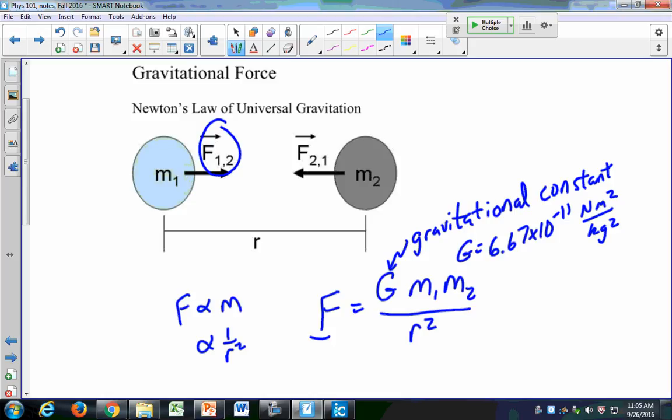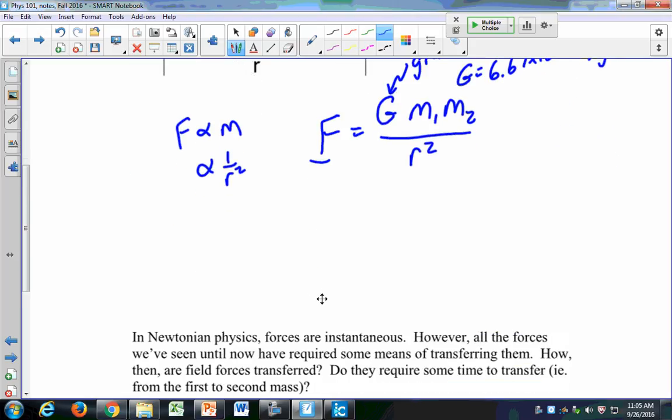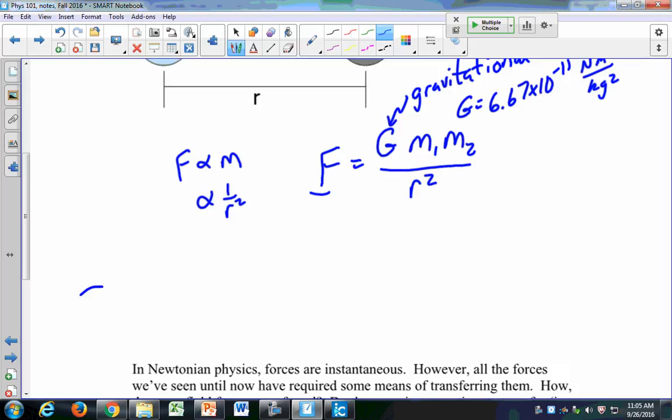So a couple of things I want you to recognize. Do you remember in the incorrect laws of motion that Derek said that if you have the Earth and then up here you have the moon, the Earth exerts a big force on the moon, but the moon exerts a small force on the Earth? Do you recall that? Was this correct or incorrect? That's incorrect. Even though the moon is so much smaller than the Earth, it still exerts the same force on the Earth as the Earth exerts on the moon.